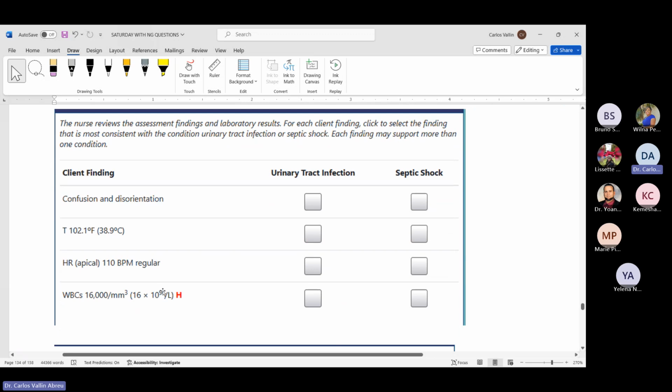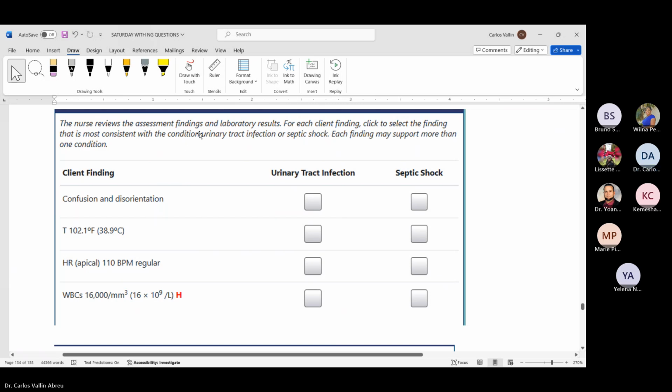But now in this question bank, they give us another question. The nurse reviews the assessment findings and lab results. For each client finding, click to select the finding that is most consistent with the condition of urinary tract infection or septic shock.